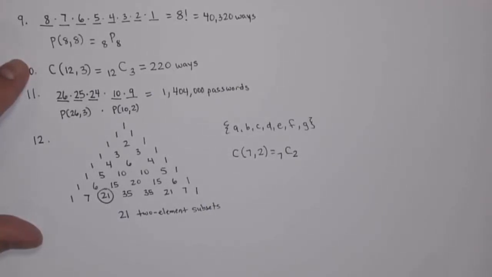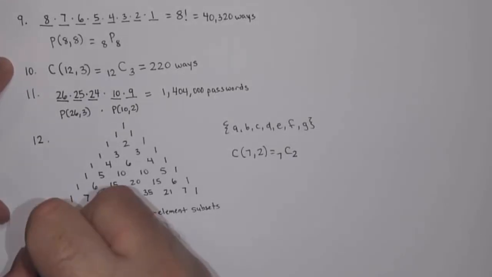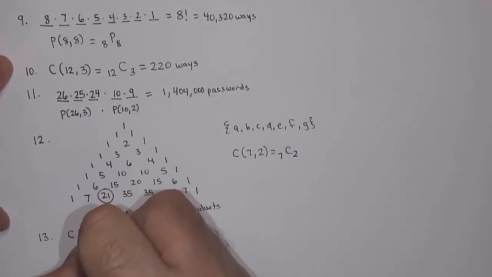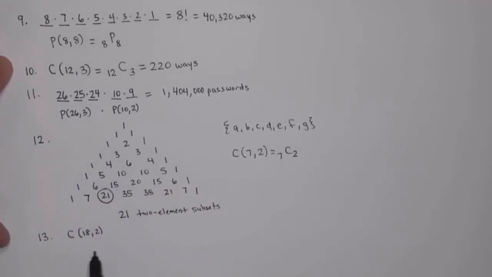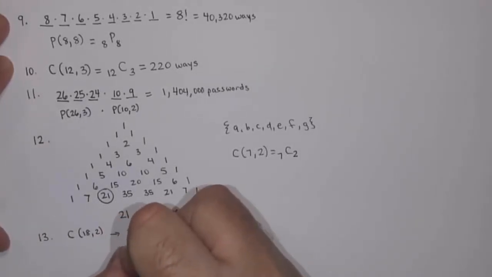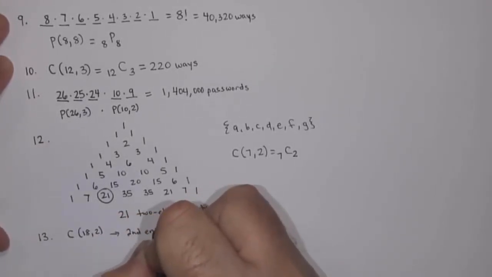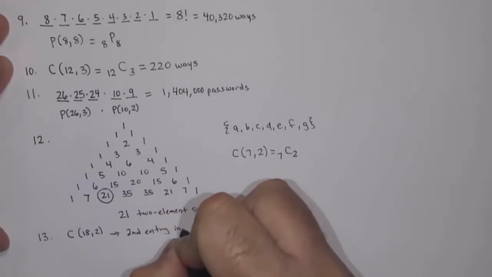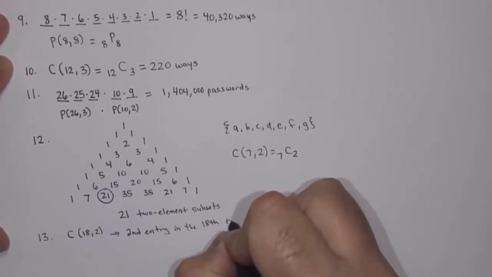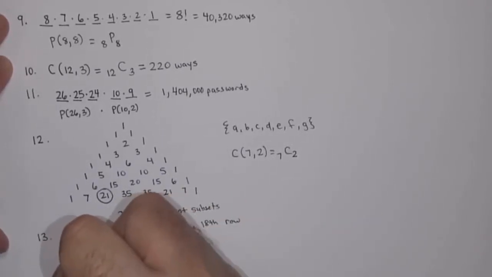Well, 18 choose 2 is just like that. So the combination of 18 choose 2, that is going to be the second entry in the 18th row. So this would be the second entry in the 18th row of Pascal's triangle.